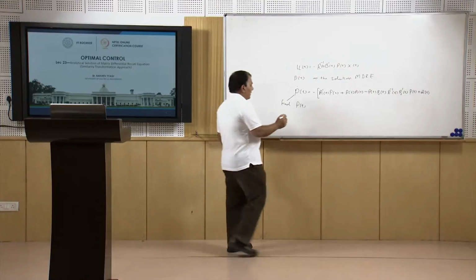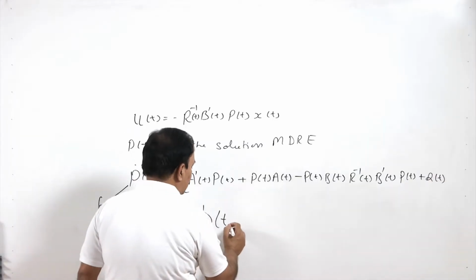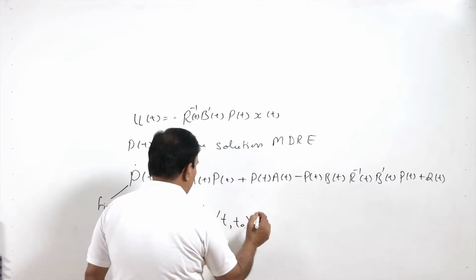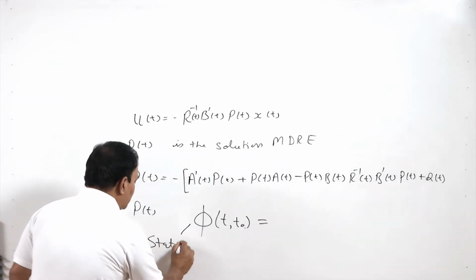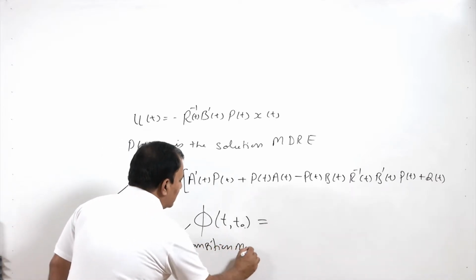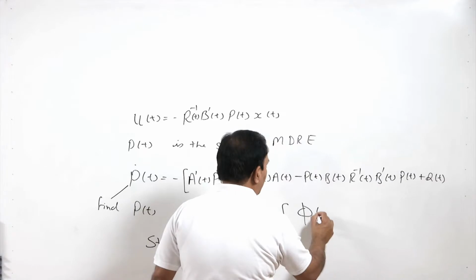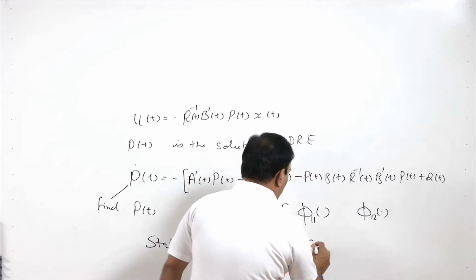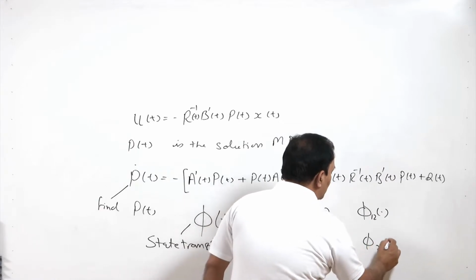What are the phi matrices? Phi(t, t0) is my state transition matrix, and we partition it as phi 11, phi 12, phi 21 and phi 22.